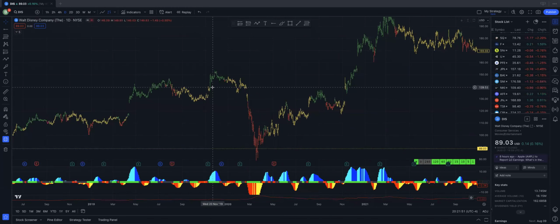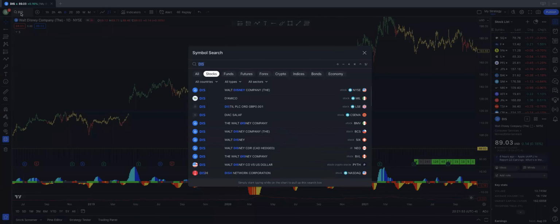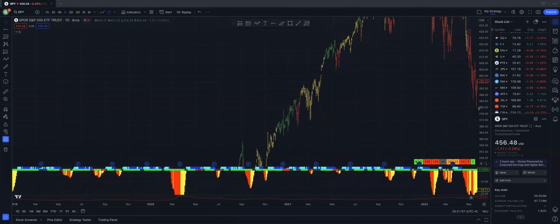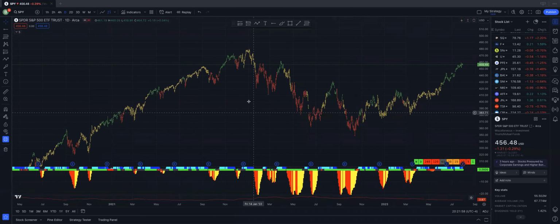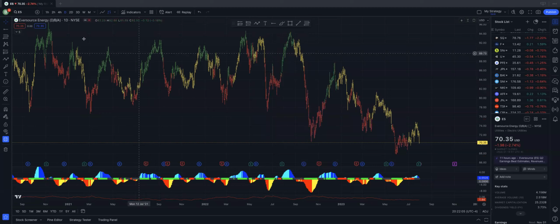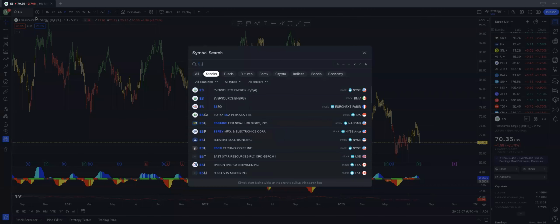If we go back to SPY, we can do a little recap on it. So is this where I put those notes? Nope, it's not. Okay, well, we're gonna retype them.